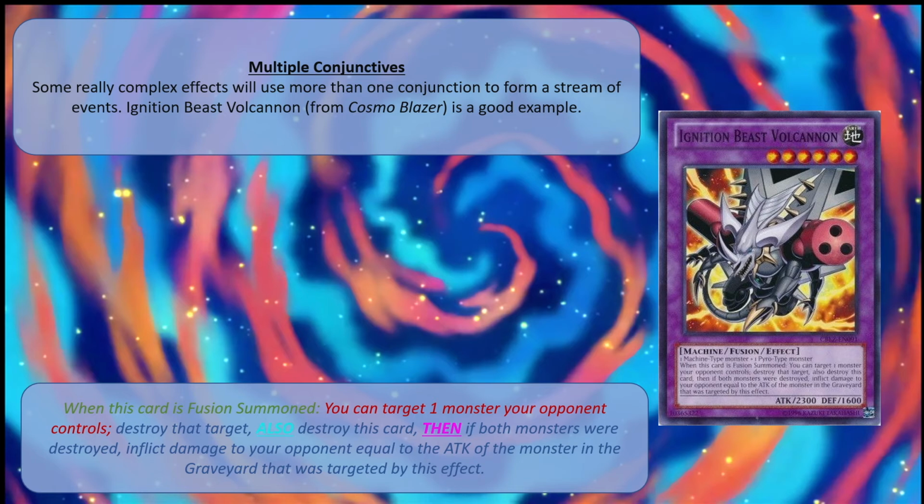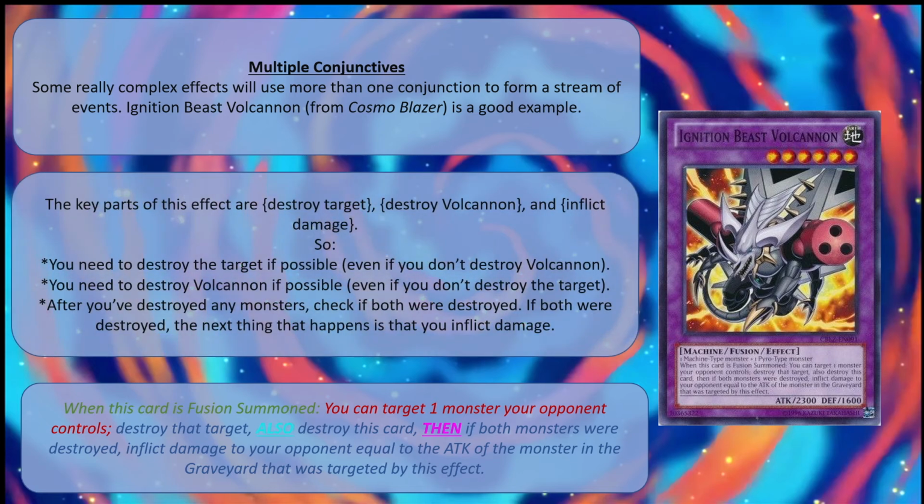Well, "then" becomes a contract with "also." So if we know one thing about "also" is, whether you have to destroy the target or destroy this card, it doesn't matter. "Also" chooses both of them, but "then" has the entire sentence. "Then" wants to destroy this card and the target, because it says there, if both monsters were destroyed, then you can inflict the damage.